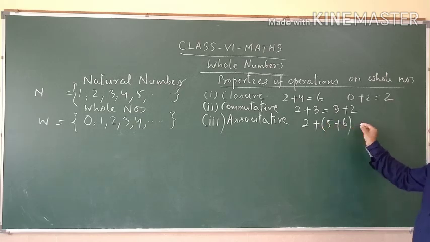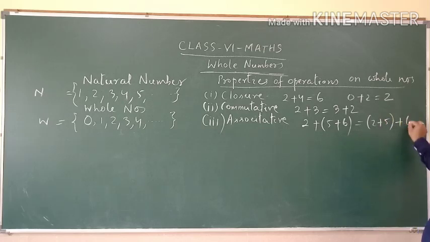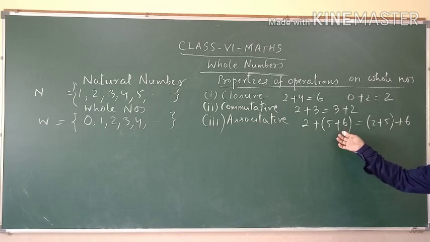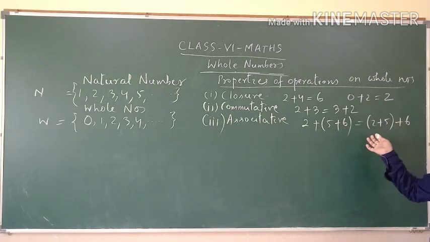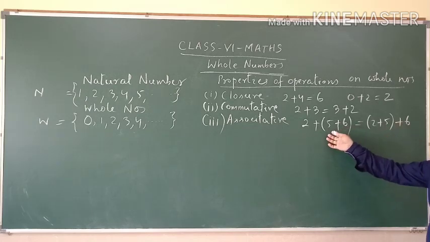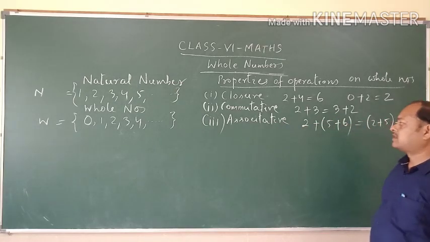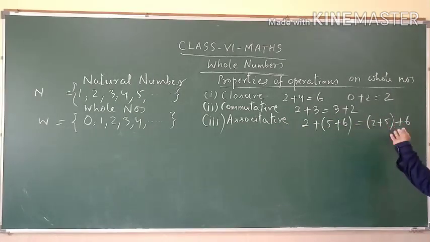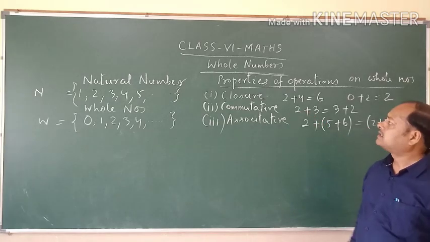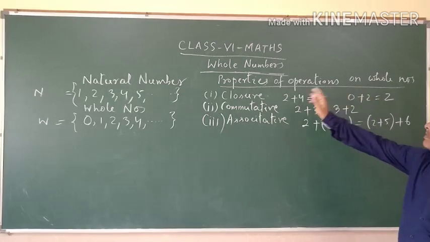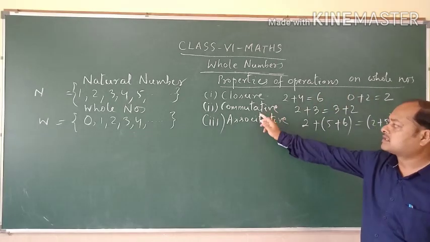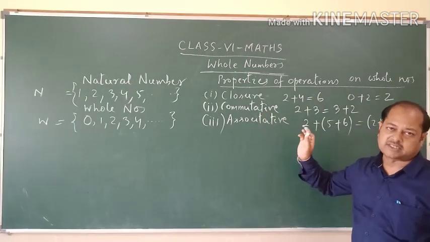So (2 plus 5) plus 6 equal to 2 plus (5 plus 6). The result will be the same in both cases, left hand side equal to right hand side, and this is called the associative property. So these are the three properties of addition on whole numbers: closure, commutative and associative.